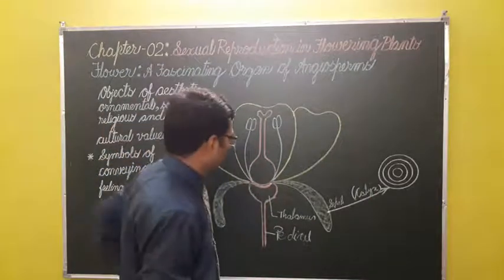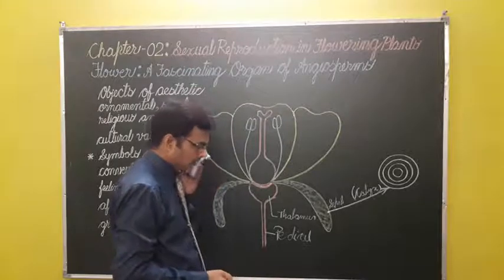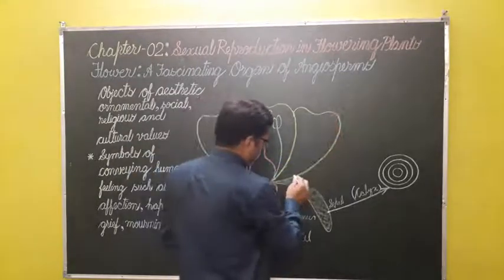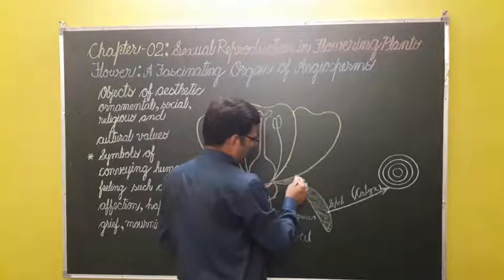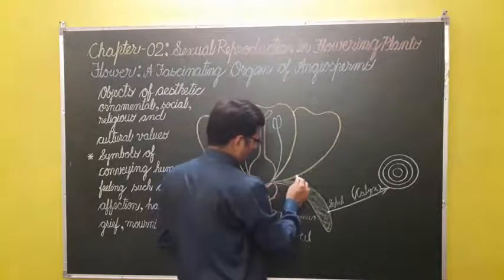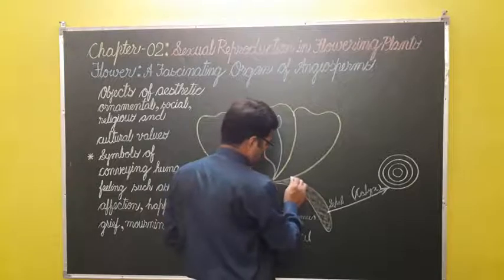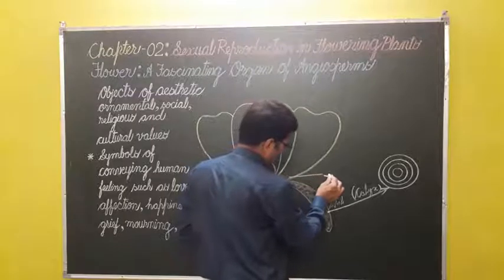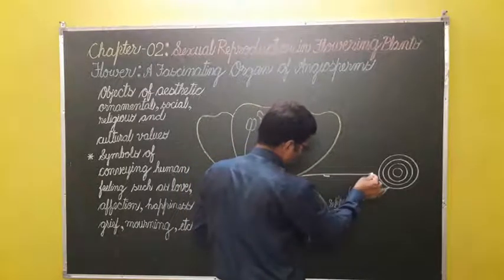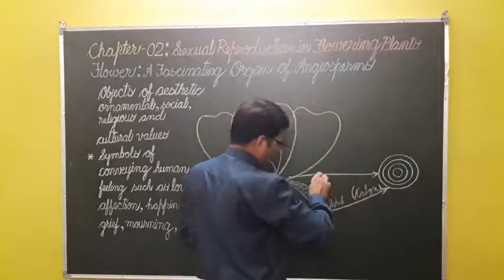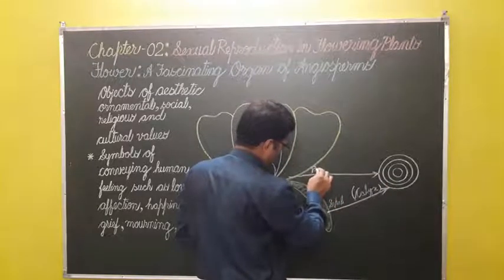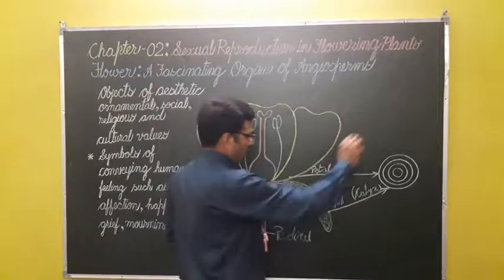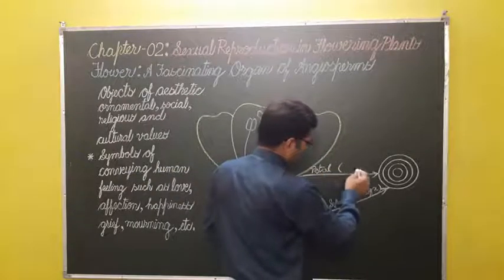Now, this is the next whorl from outside, and this is called petal. The unit structure, petal. Petal, right? Now, collectively, what do we call these? Corolla.